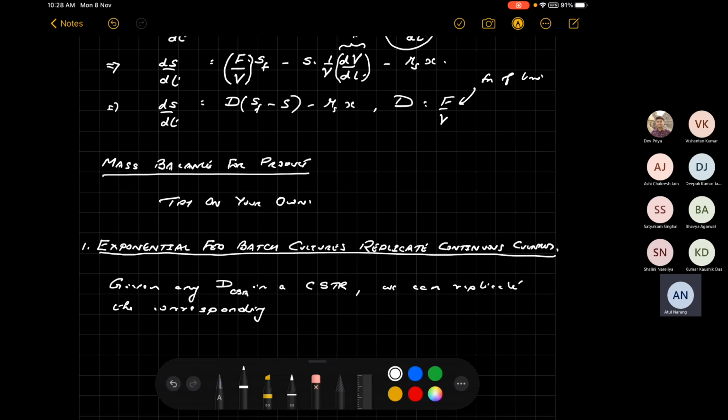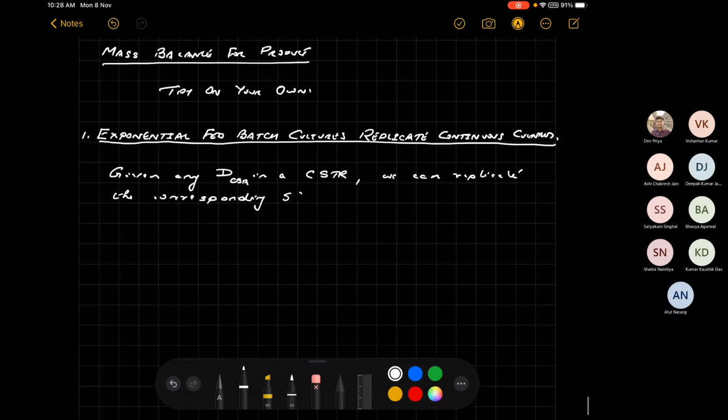So we can replicate by operating the fed batch reactor FBR such that 1 over V dV/dt is equal to D_CSTR.